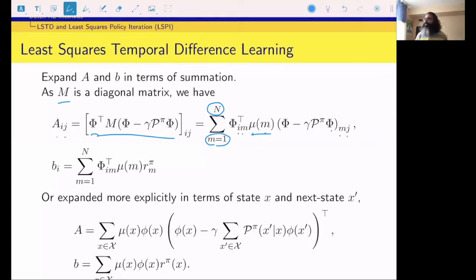So we can write this. This is of course maybe a bit more clear, but maybe not so much.